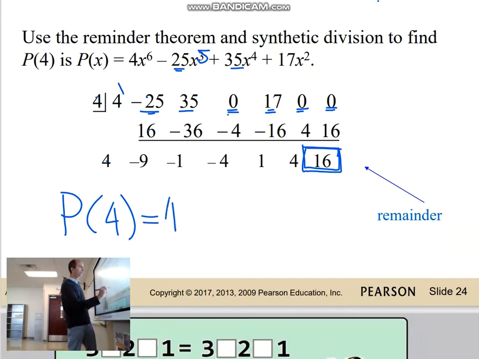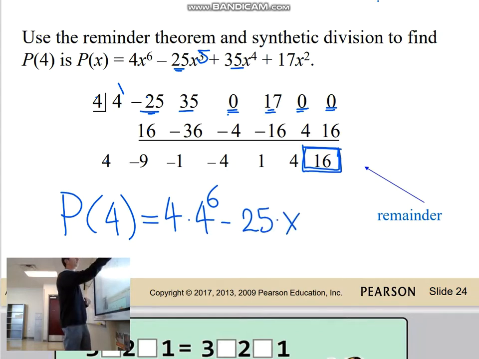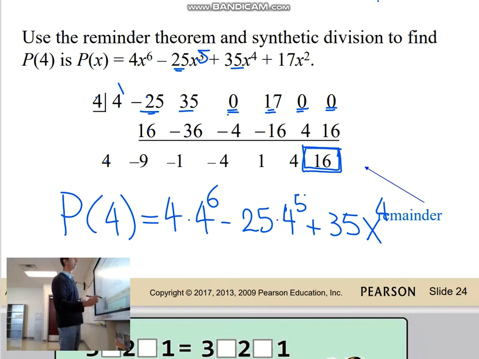P of 4 equals 4 times 4 to the 6 minus 25 times x, and x is 4, to the 5 plus 35x to the 4 plus 17 times 4 squared.